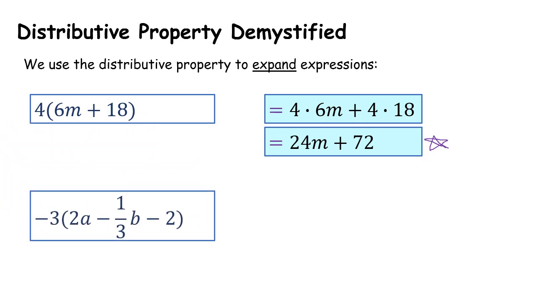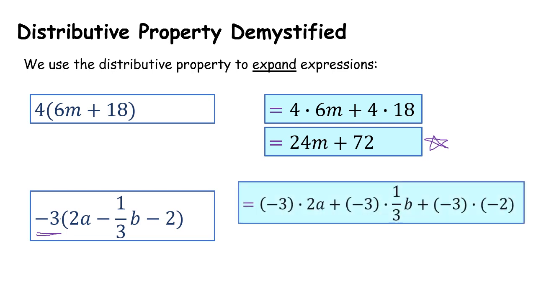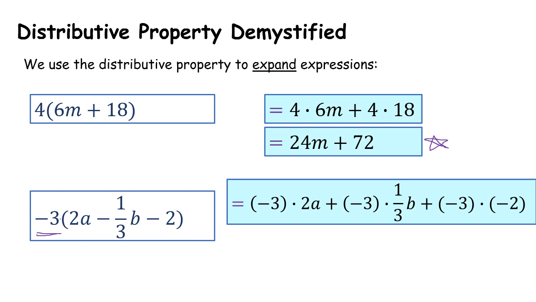Another example, now we have -3 as a multiplier in front of the parentheses. The number right next to the parentheses means multiply. To expand looks rather long, but we've written the -3 times 2a, the -3 times the middle term, and the -3 times the last term, -2.